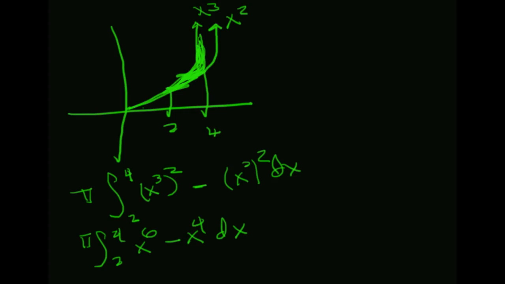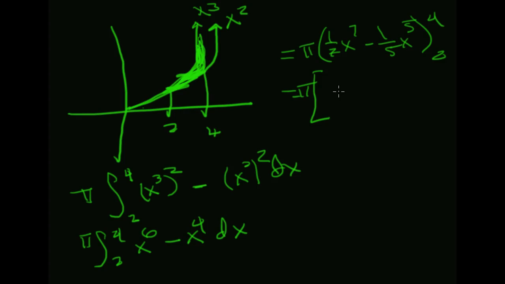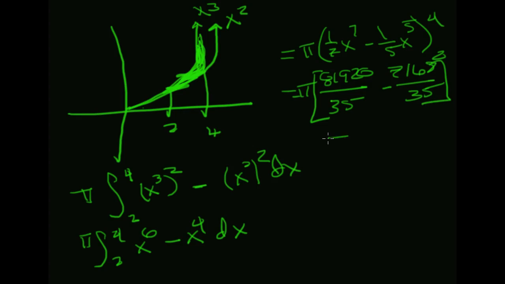Got a really crazy number there, because this gives me pi times 1/7 x to the 7th minus 1/5 x to the 5th, from 2 to 4, which is like pi times, wow, these numbers are awful, 81,920 over 35 minus 77,168 over 35 minus, so this is all one quantity, 640 over 35 minus 224 over 35.